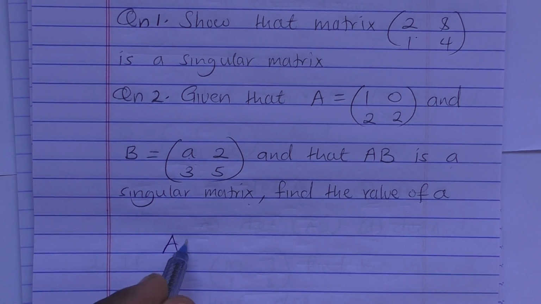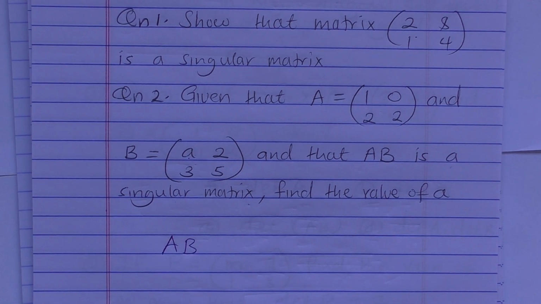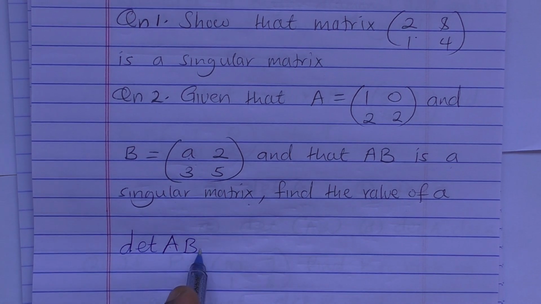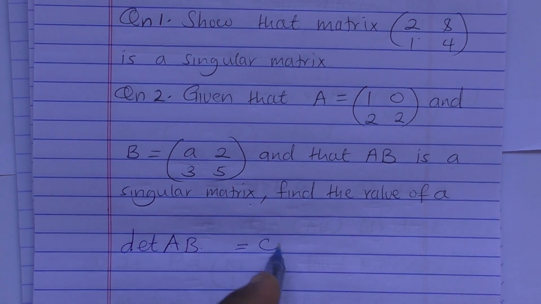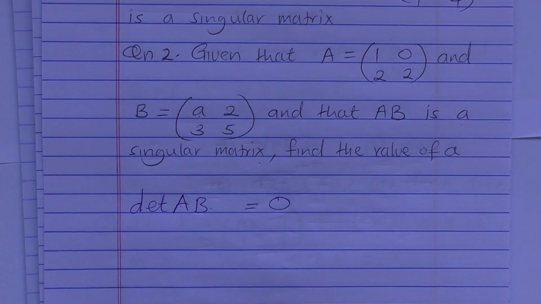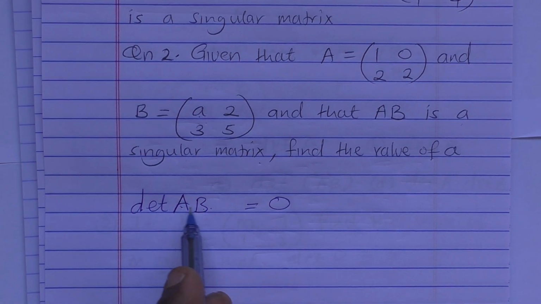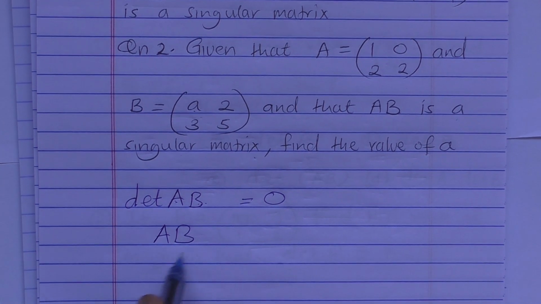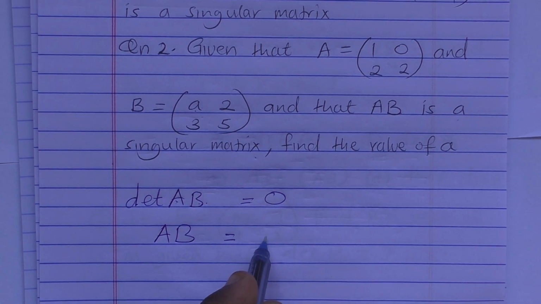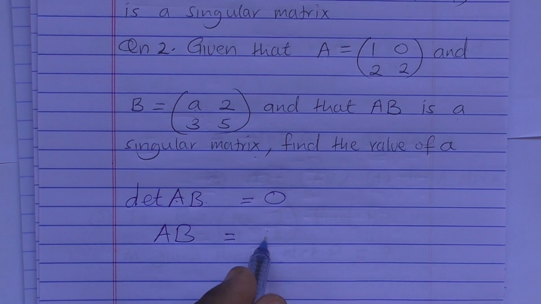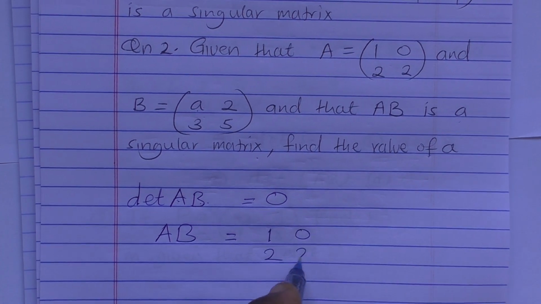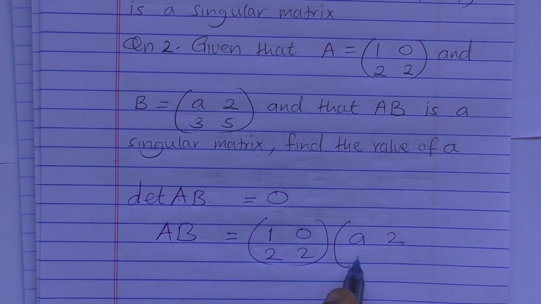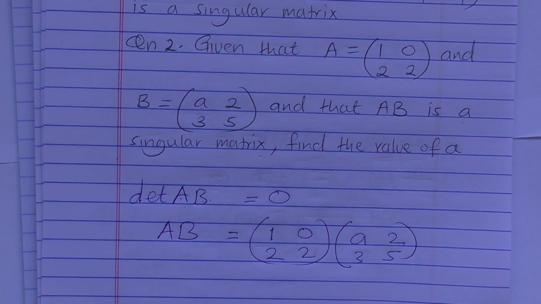We are told that AB is a singular matrix, meaning the determinant of AB equals 0. So for us to get the determinant, we first get AB. AB is gotten by multiplying the matrix A, which is 1, 0, 2, 2, by B, which is A, 2, 3, 5.